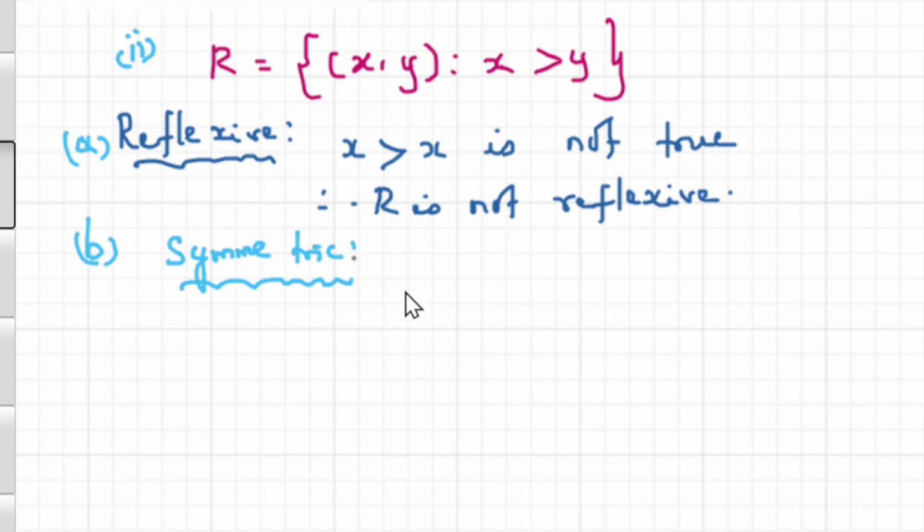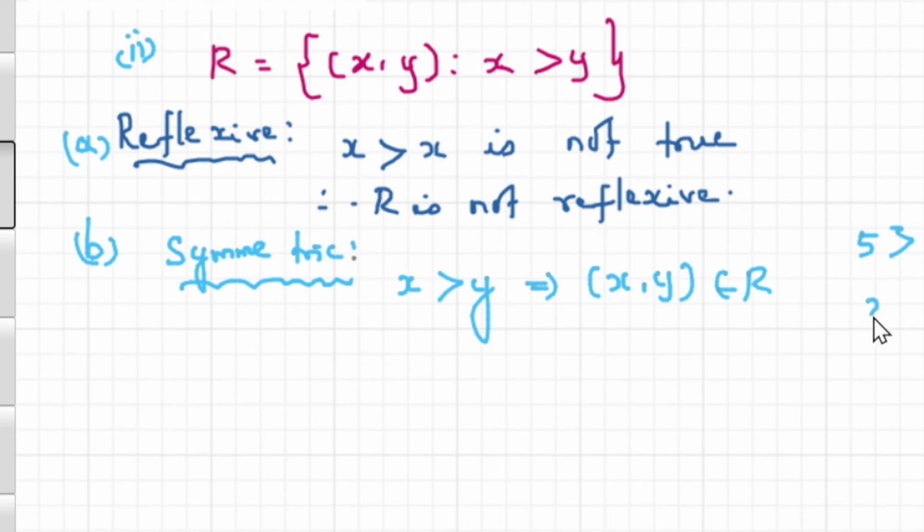If x is greater than y, then x comma y belongs to R, for any numbers. Suppose 5 is greater than 2.